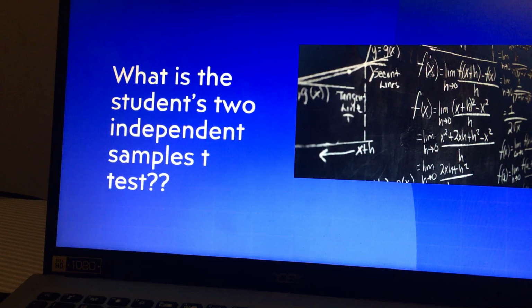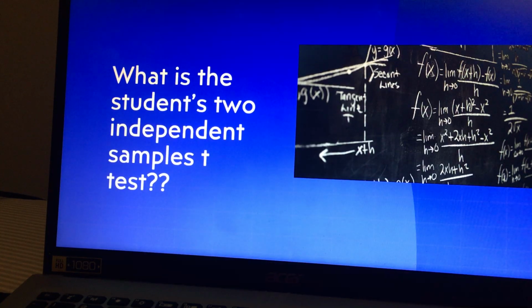There is the Student independent t-test form, and then there's the Welch's independent t-test. The original Student t-test, which is the one that we're going to describe first, is the simpler of the two, but it does rely on much more restrictive assumptions than the Welch's t-test.